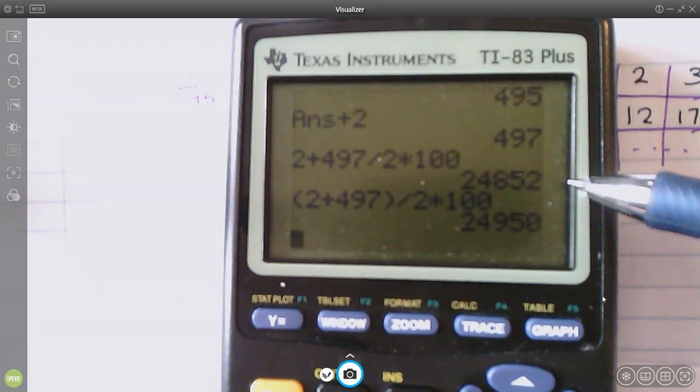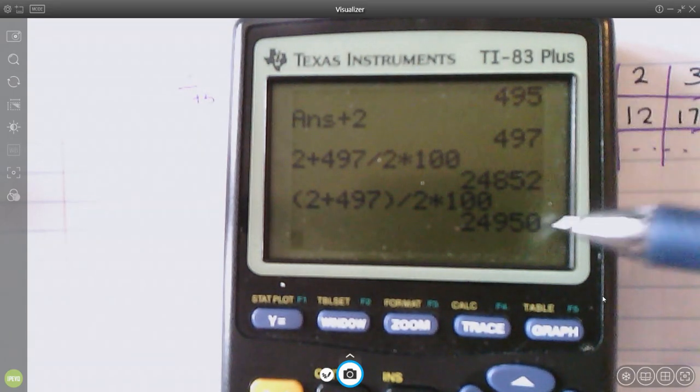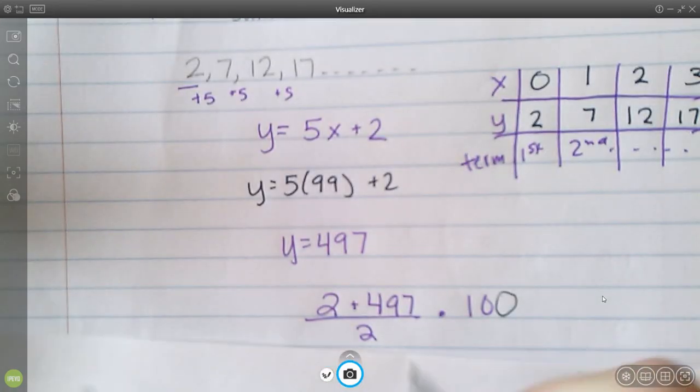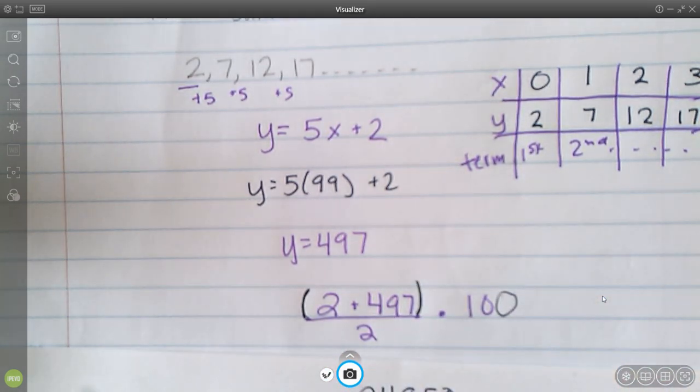Oh my gosh, that was a heck of a lot closer than it should have been. That's crazy to me. Anyways, your answer is 24,950. So make sure you put parentheses around that.